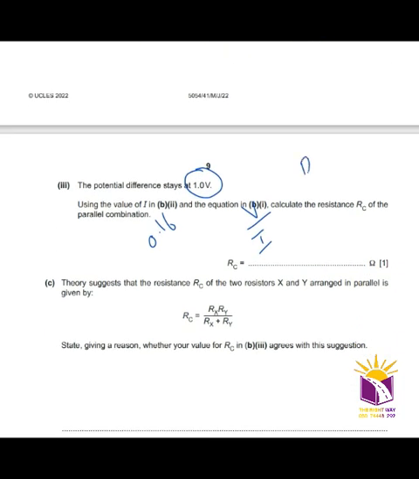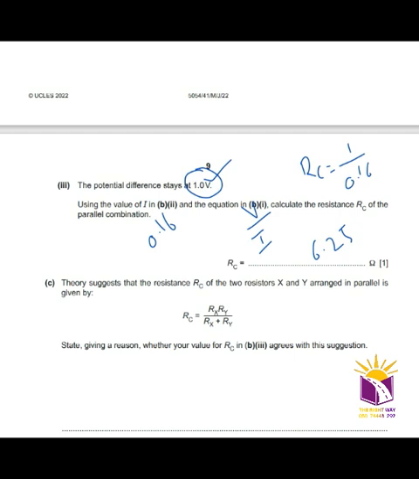So RC will become 1 volt divided by current 0.16, and your RC will be equal to 6.25 ohm.